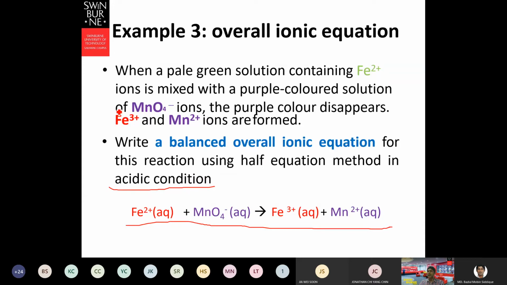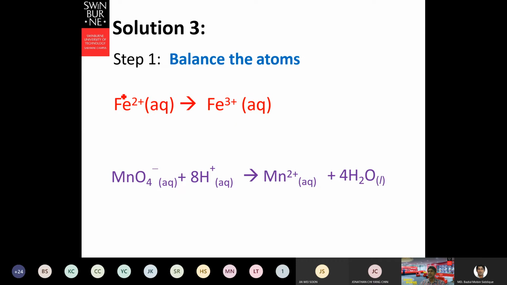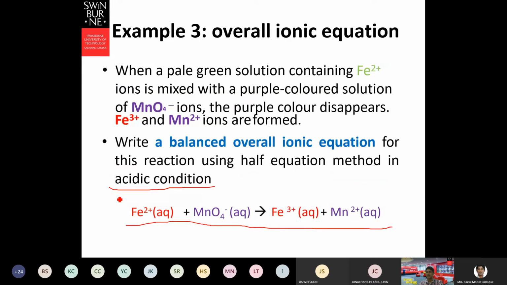Okay, so write a balanced overall ionic equation for this reaction using the half equation method. All right, so this already happened, and then the half balanced equation for iron, we have already seen that Fe2 plus is producing Fe3 plus, right?